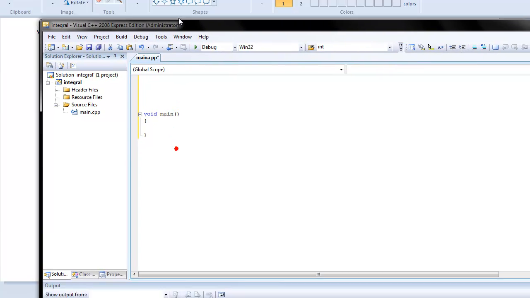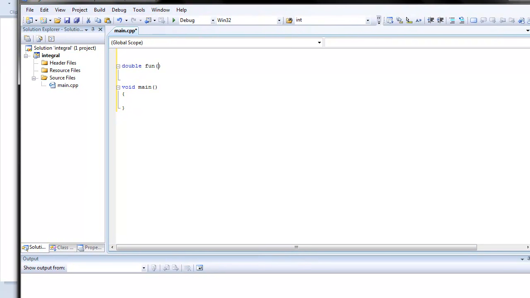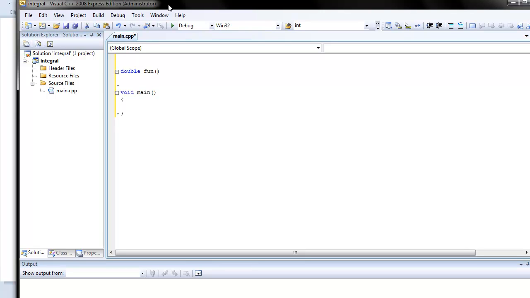It will stand for this function actually. So double function, it's a function of one variable x, and say it will just return x.